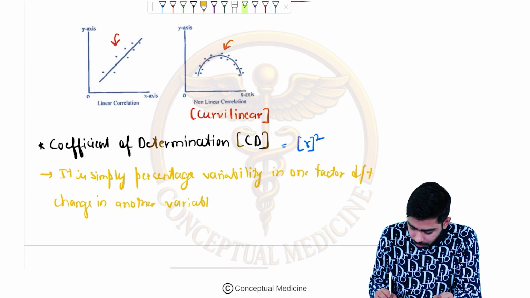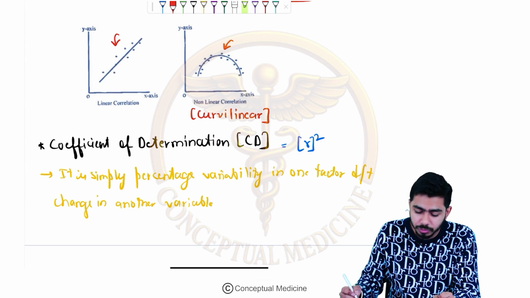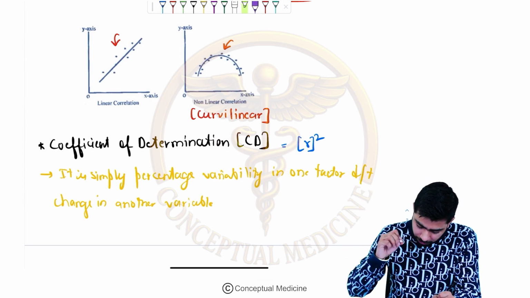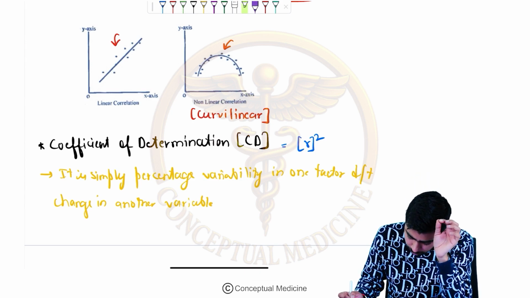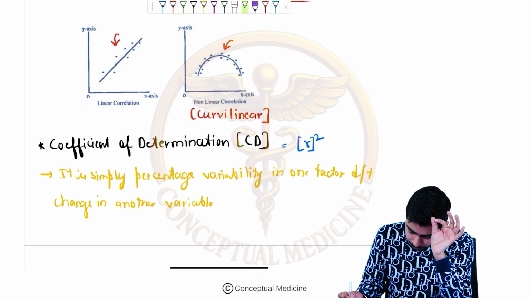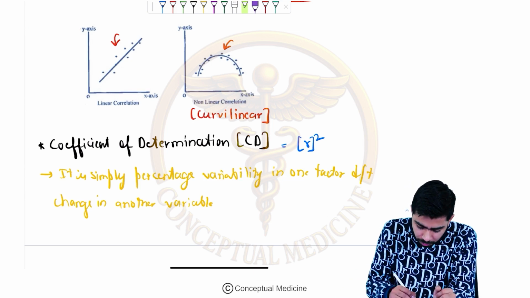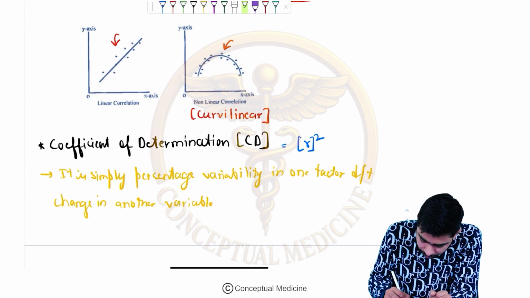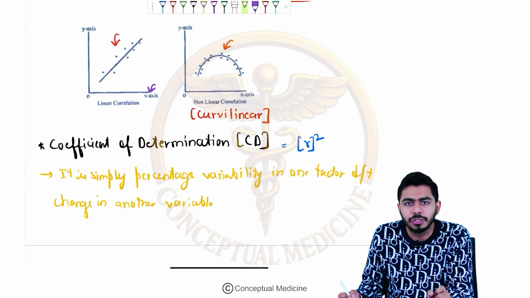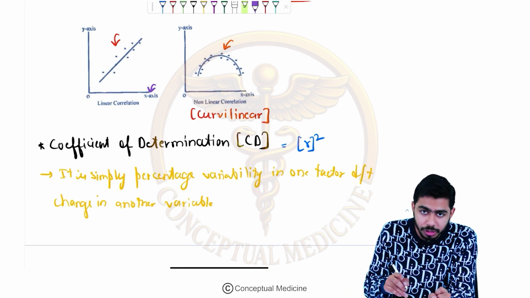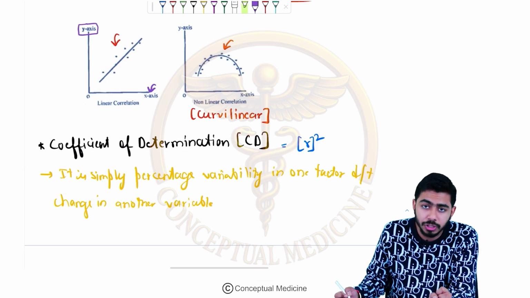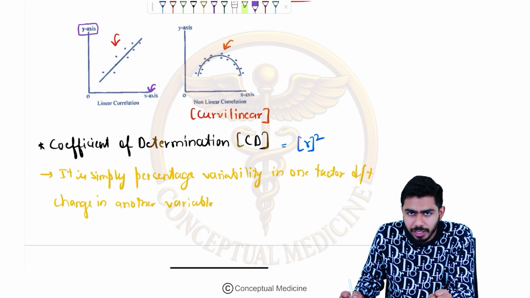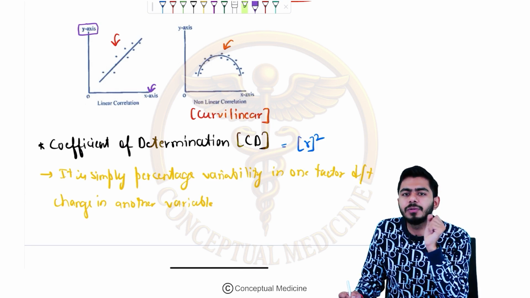I mean to say that, guys listen to me, what is the change over here which is happening? It is simply percentage variability in one factor. So for example, the x-axis is actually changing, right? Due to this changing of the x-axis, what change can be anticipated in the y-axis due to the change in another variable, that is the x-axis?